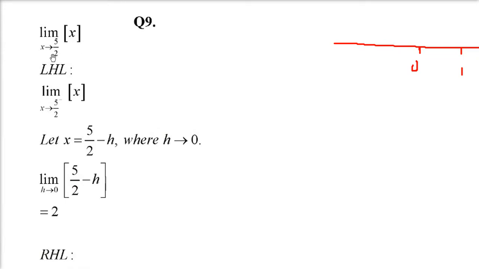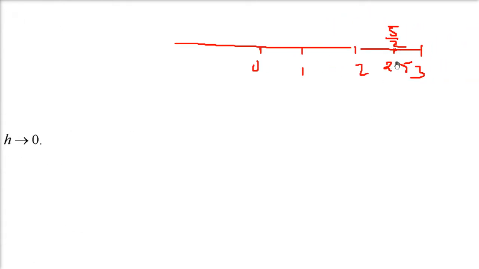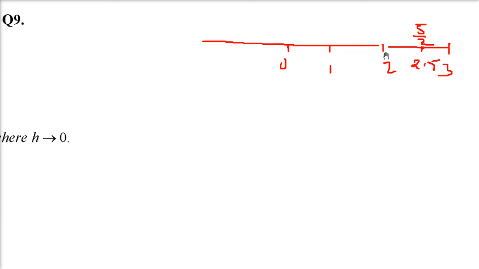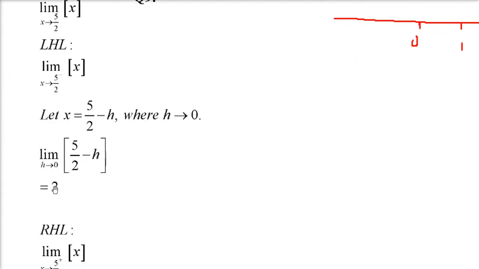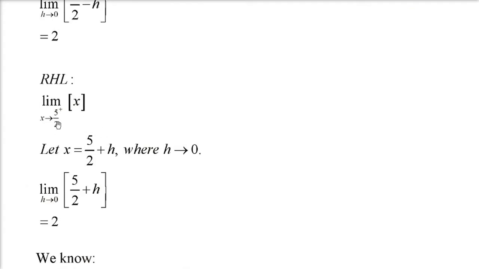For x we have to put a minus h. a is here 5 by 2, so a minus h, 5 by 2 minus h, that is 2.5 minus h. Whatever you subtract from 2.5, because of the greatest integer function, you will always get 2. Whatever you have between 2 and 3, you will always get 2. Now coming to the positive side, that is 5 by 2 plus h.